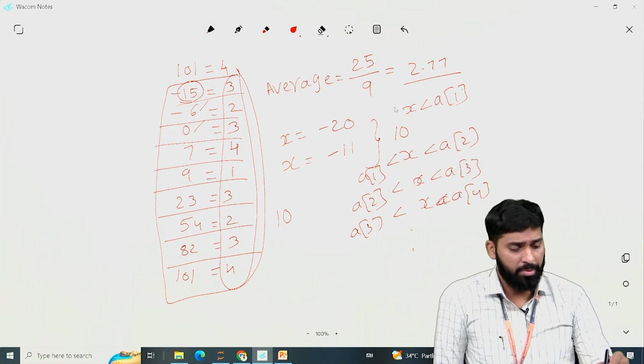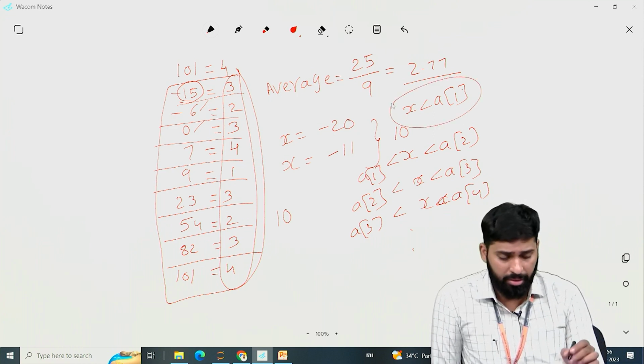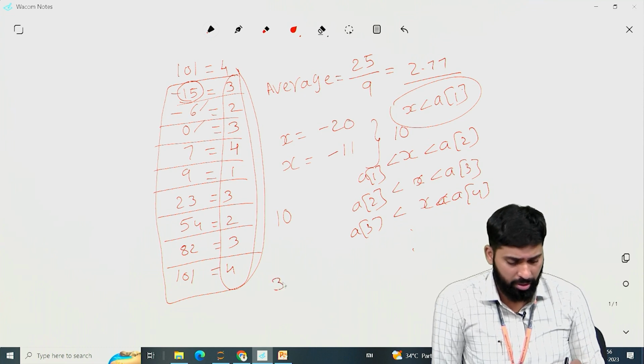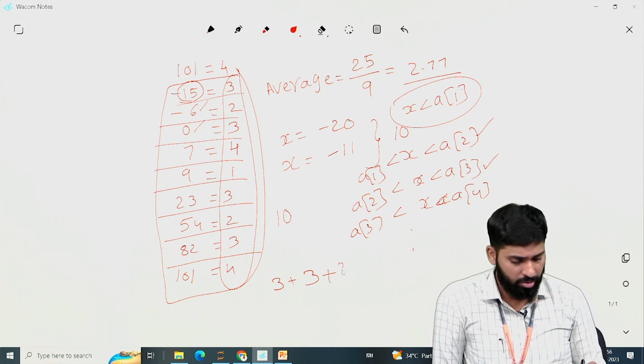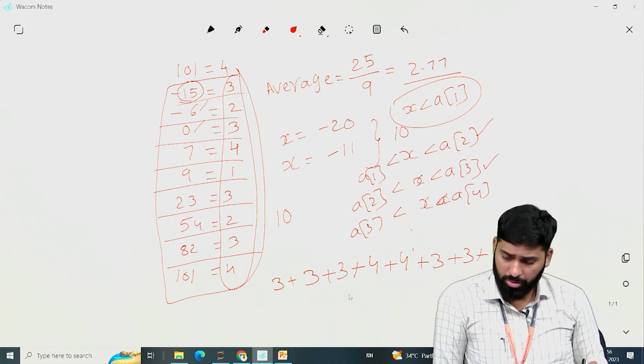So for each of these, for x less than A of 1, we are going to do 3 comparisons. For the next one also we are going to do 3 comparisons. For all the 10 possible ways we do these types of comparisons.